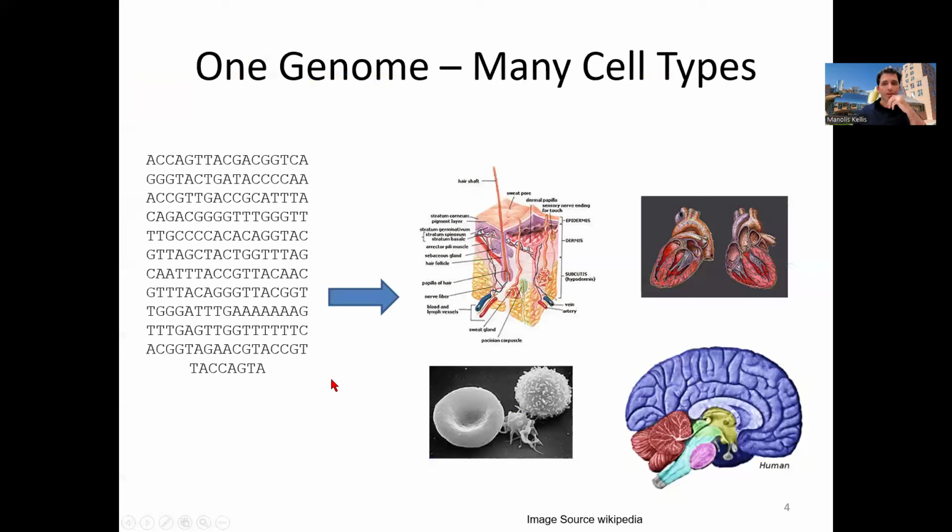So epigenomics. Epigenomics is basically what allows you to go from a single genome to the extraordinary diversity of cell types we have in our body. If you look at the brain, there's an extraordinary diversity within even the neocortex. But if you look at subcortical regions, the number and the diversity of neuronal and both excitatory and inhibitory neuron subtypes is just enormous.